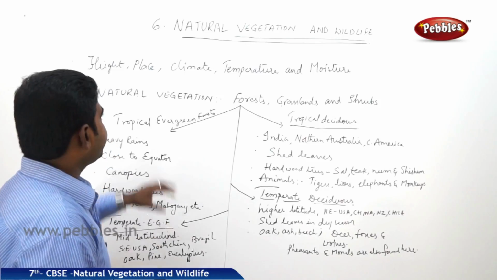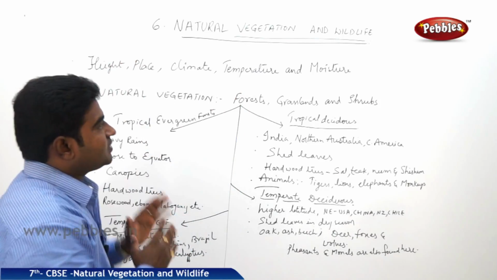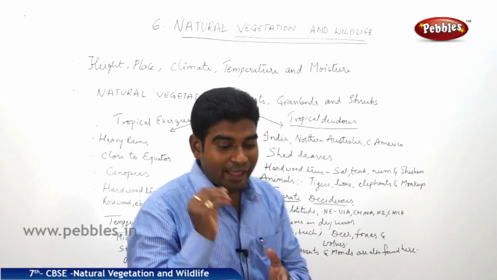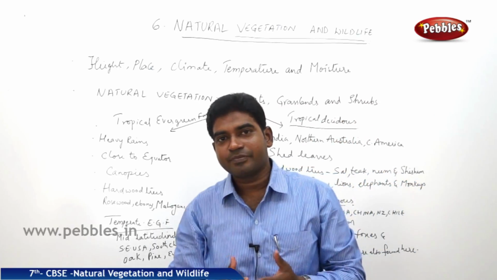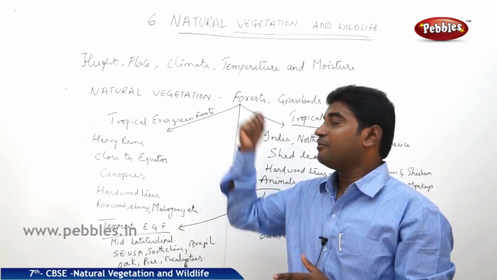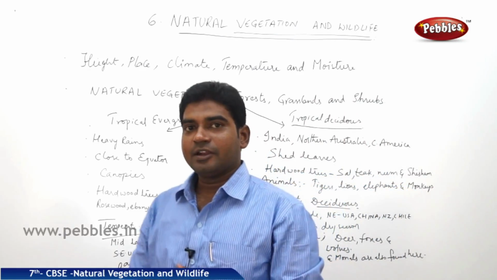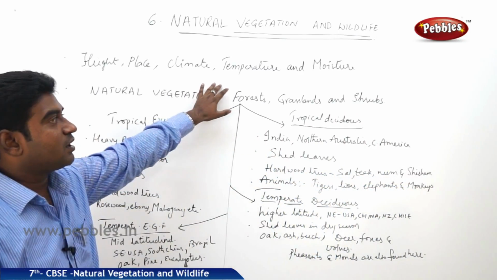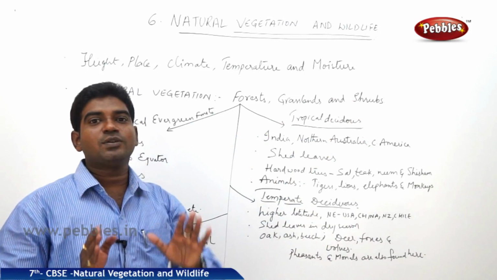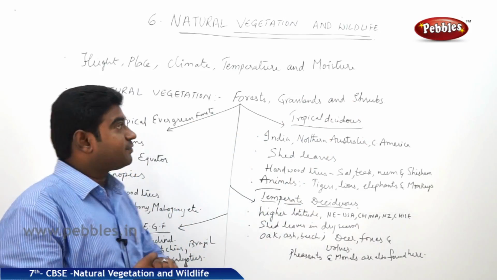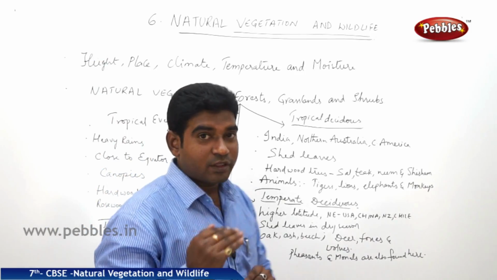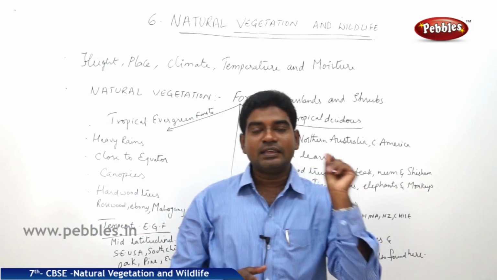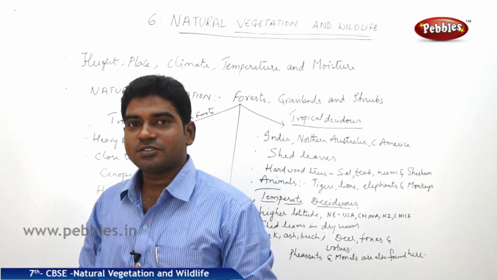Now, first point, natural vegetation happens depending on the height of the place, depending on the climate of that particular region, depending on the temperature and moisture. If the place is at a very high altitude, let us take the tip of Mount Everest, is there any possibility of natural vegetation?